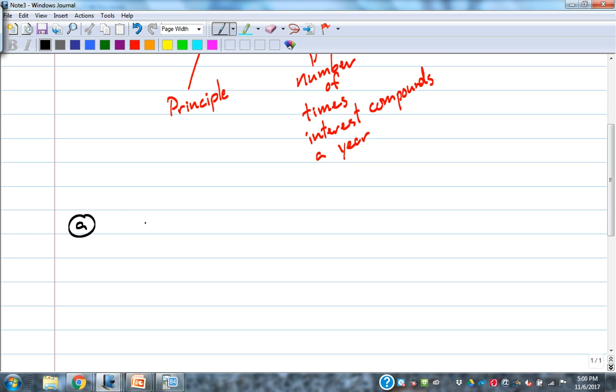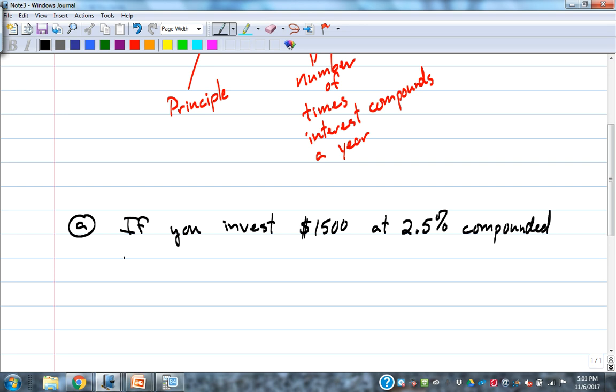So let's start with something simple and say you had a rich uncle who passed away and he gave you some money. With my high school kids, I always say, you got money for graduation and you didn't blow it on a senior trip. You actually were smart and put $1,500 in the bank. And for some reason, some banker is giving you 2.5% interest compounded quarterly.